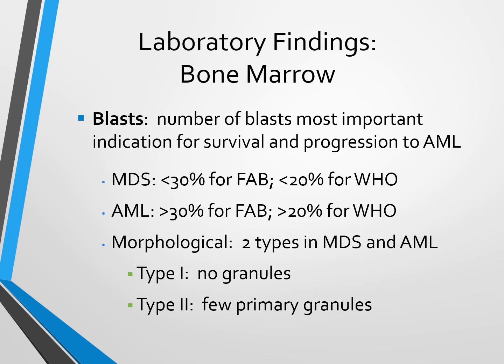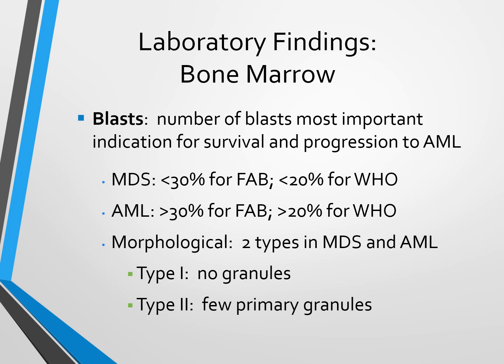Okay, so continuing on, we did talk about our French American British classification and our World Health Organization classification of MDS. Really, this is going to be based on the number of blasts, and that's the most important indication for survival and progression or transition into AML.